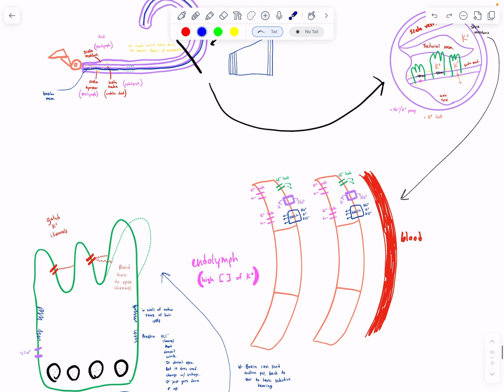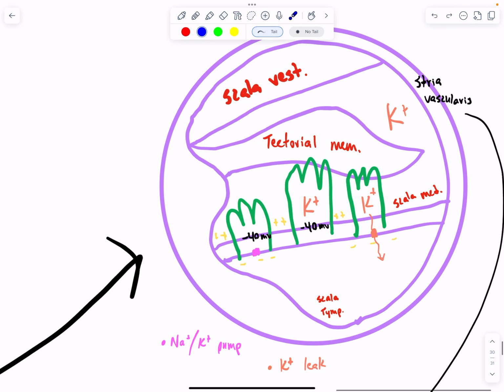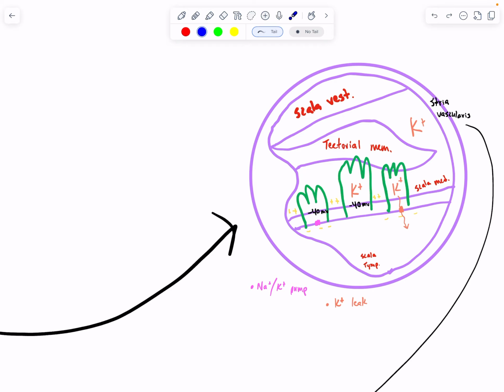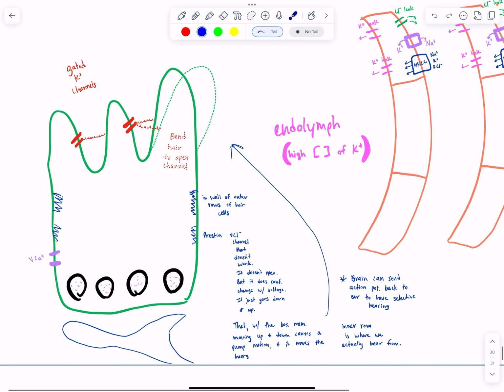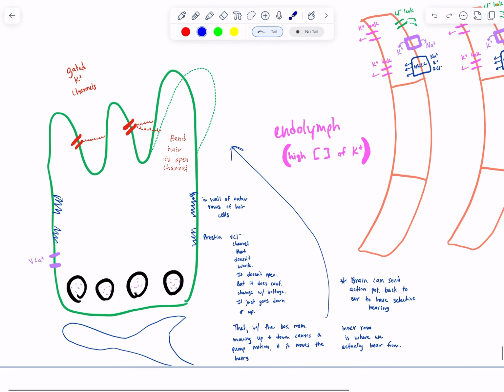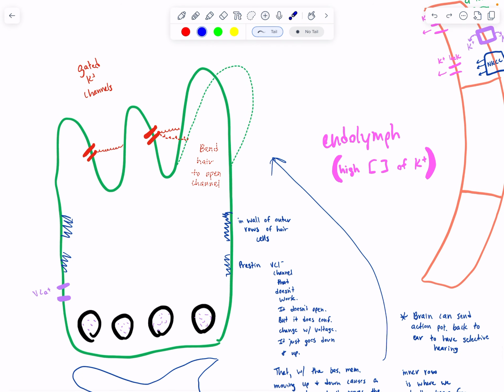That is important because in the places where we have potassium, there's a high driving force for it to come down into the scala tympani. Zooming in a little more on this hair cell, when the basilar membrane moves because of the fluid moving in the cochlea, it's going to trigger these little hair cells.